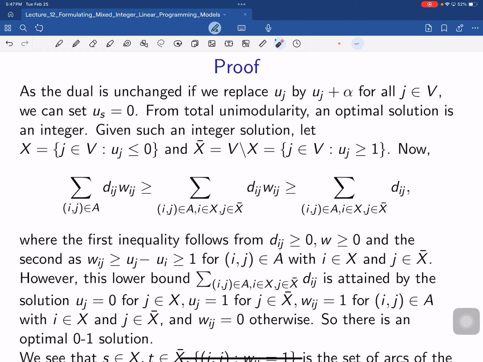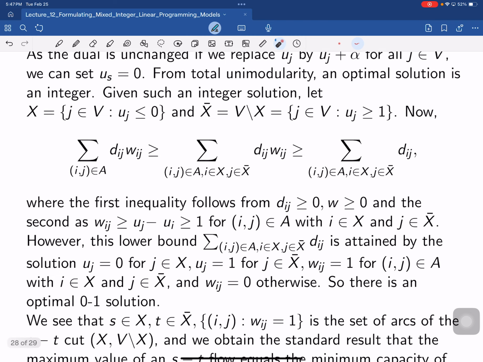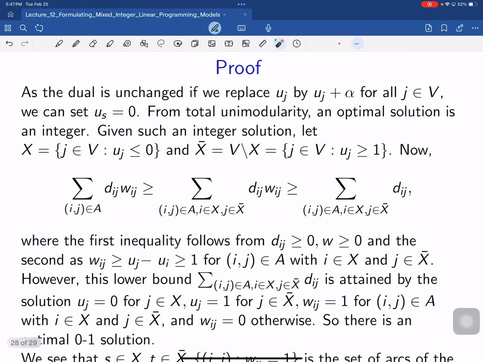So that's why the first inequality holds, and the second inequality holds because wij is greater than or equal to 1. If the first node is in this set and the second node is in that set, then they have to differ by at least 1.